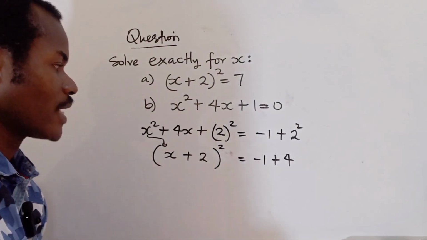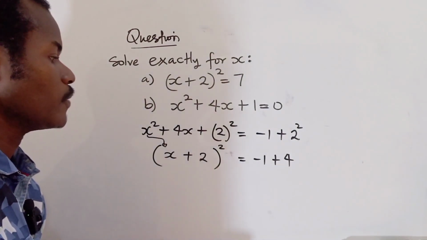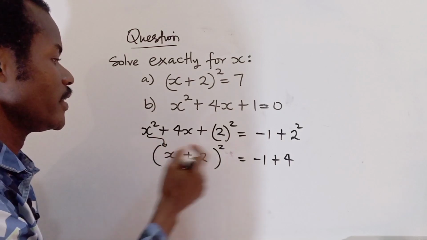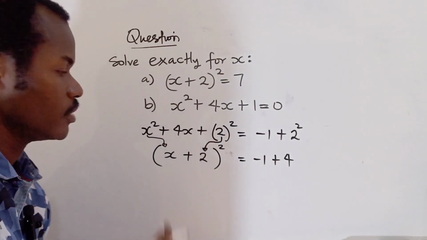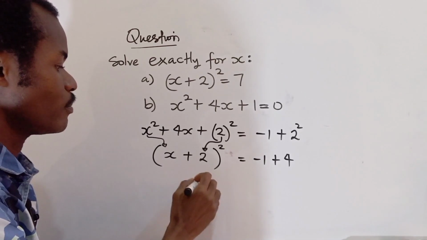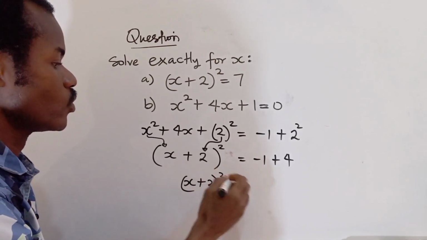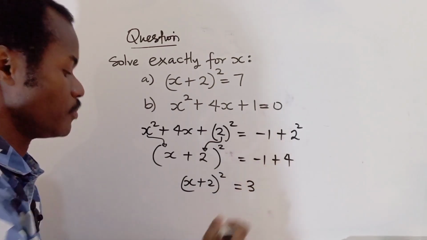So that is how to factorize it, because this has become a perfect square. You simply bring this here and you also bring this here in brackets and you put a square. So we now have x plus 2 squared is now equals to minus 1 plus 4, which is 3.